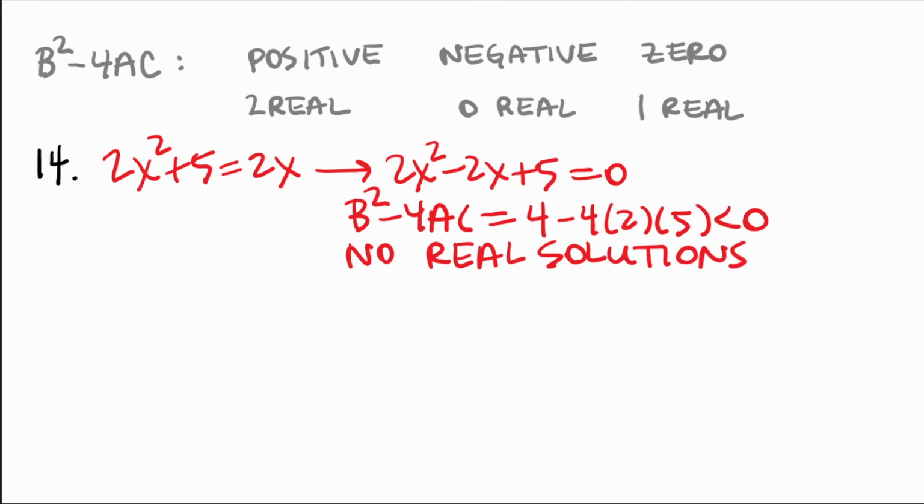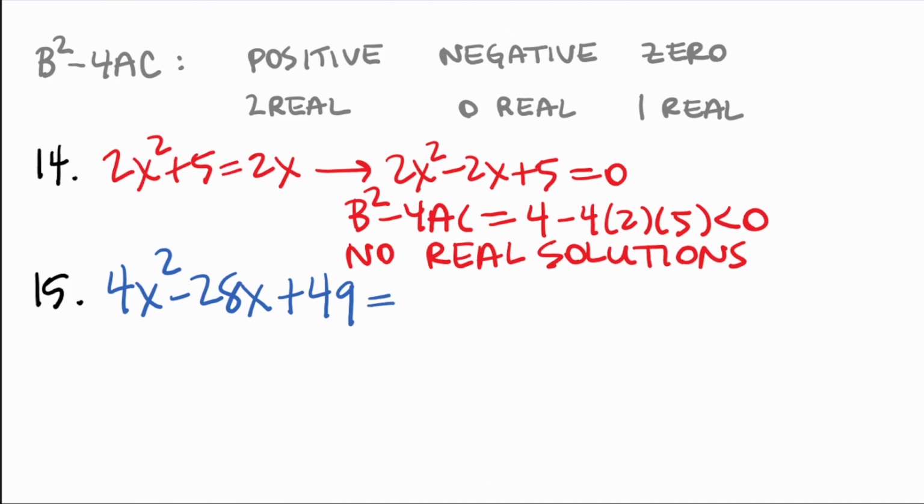Okay, number 15. Try to squeeze these all in. Oh no, there's 6 of them. Okay, well, that's fine. 4x squared minus 28x, they say equals negative 49. I'm going to just set this thing equal to 0 right away.